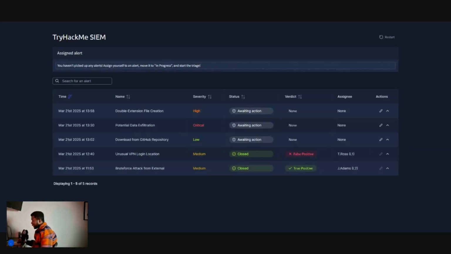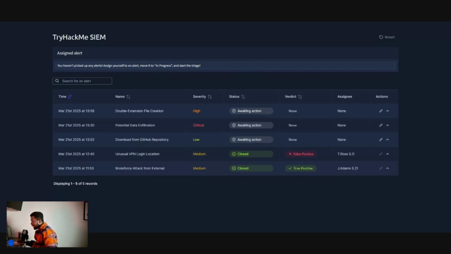Now you have an idea of the different roles and functions of the different cybersecurity personnel in the SOC unit. Now, let us see how to do an alert triage. This is one of the major functions of the junior SOC analyst. Okay, this is what an alert triage will look like. This is the simulated SIEM dashboard.